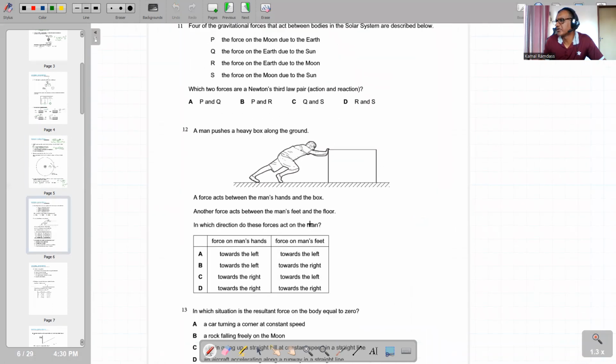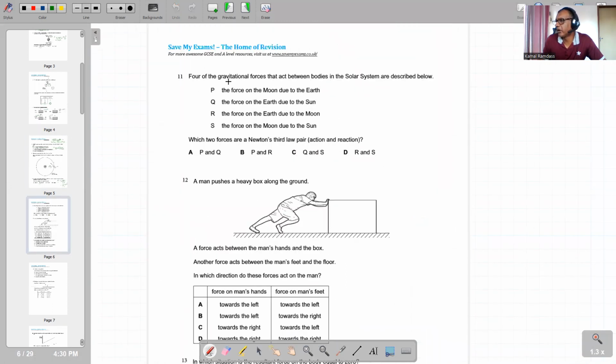Question 11. Four of the gravitational forces that act between the bodies in the solar system are described below. The force on the moon due to Earth, the force on the Earth due to Sun, the force on the Earth due to Moon, the force on the Moon due to Sun.